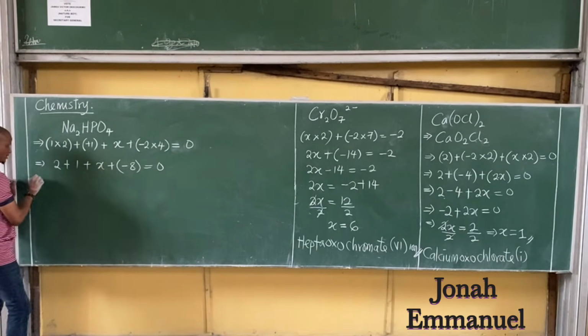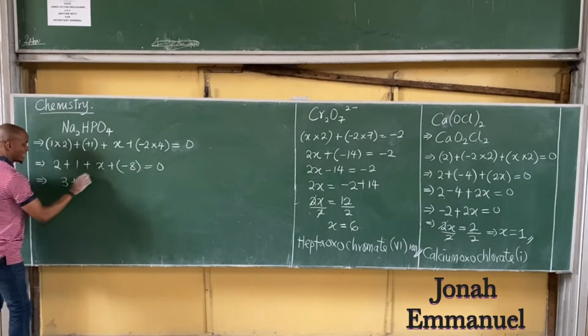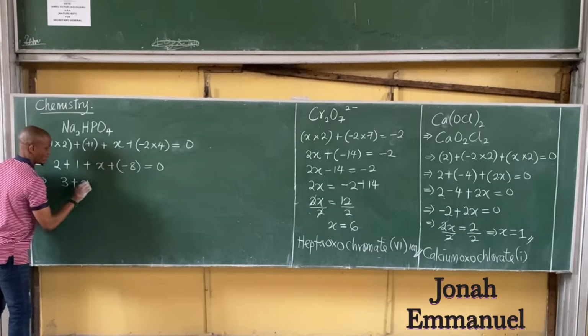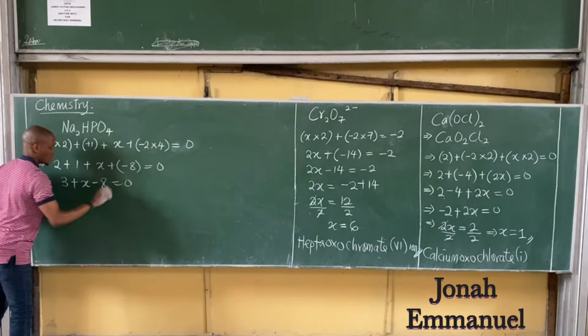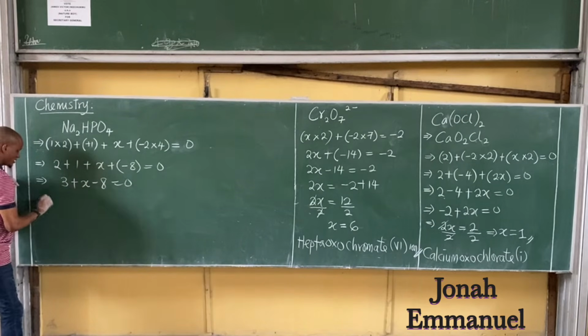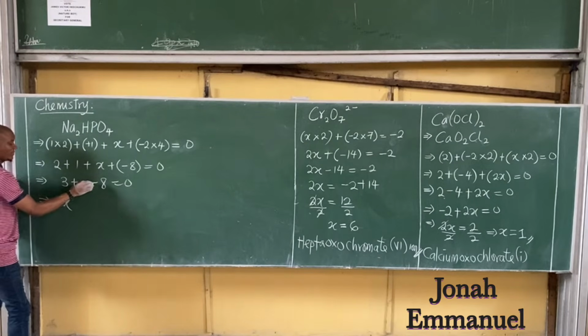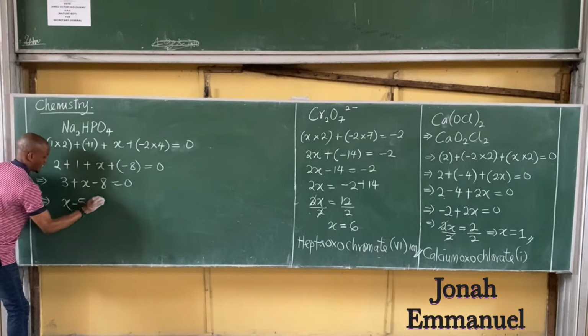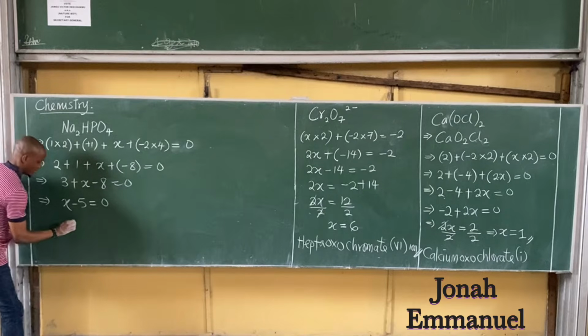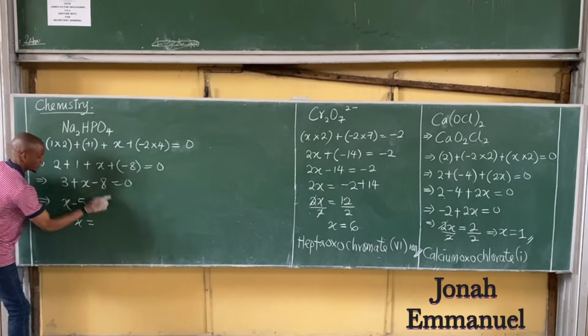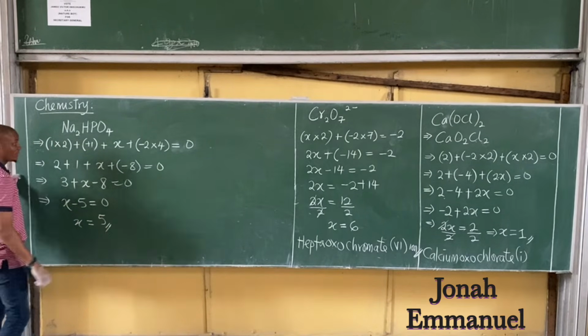This now gives you what here? 2 plus 1, that's 3, plus I have x plus -8 equal to 0. So this now gives you x: 3 minus 8 is minus 5, equal to 0. What's x here? X is equal to -5, moves over and becomes +5.